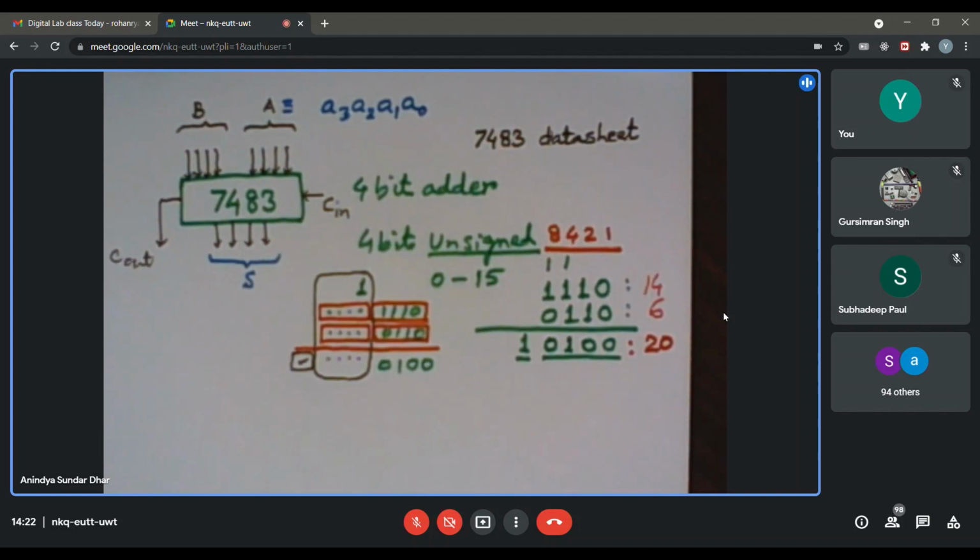Okay, so let me show you, or I don't know, if all of you are running the simulator, you can also check in your version of the simulator. Anyone who is running, say, Circuit Maker 2000, can you run that simulator and share the screen so that all of us can see?